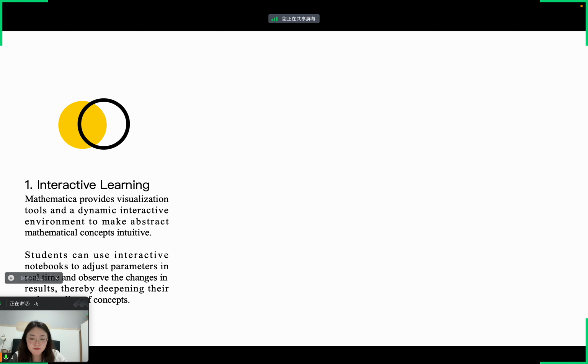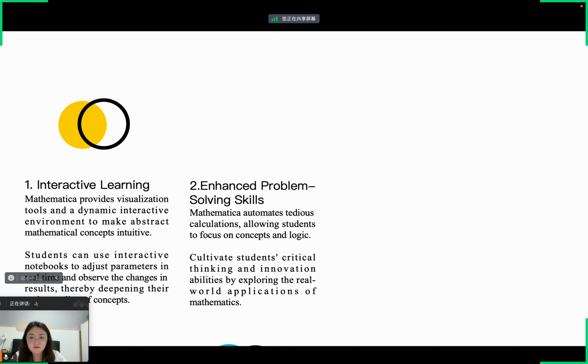This is where Mathematica's dynamic interactive features come in handy. This way of learning not only makes abstract concepts vivid, but also allows students to really participate in learning.